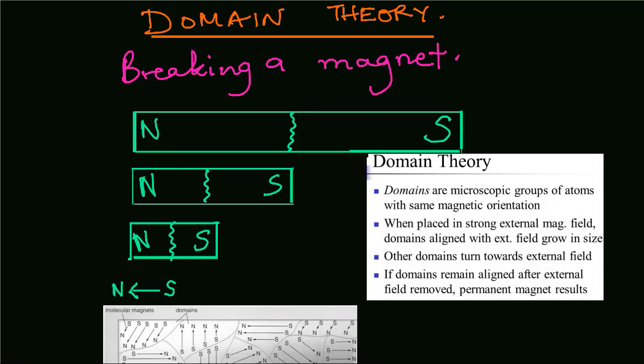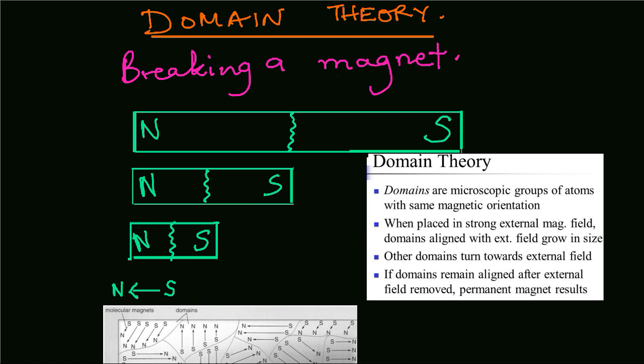Domain theory. It is a common observation that whenever a magnet is broken into two, we always end up with another magnet.